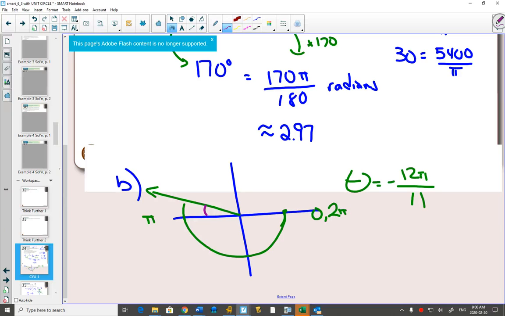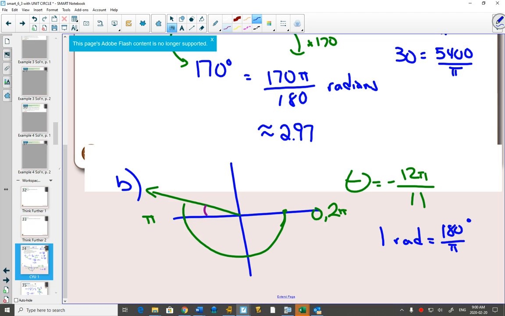Now you could change, and many of you will want to do this at the beginning. You're going to say, can't I just change negative 12 pi over 11 to degrees? Because I know that 1 radian is equal to 180 over pi degrees.